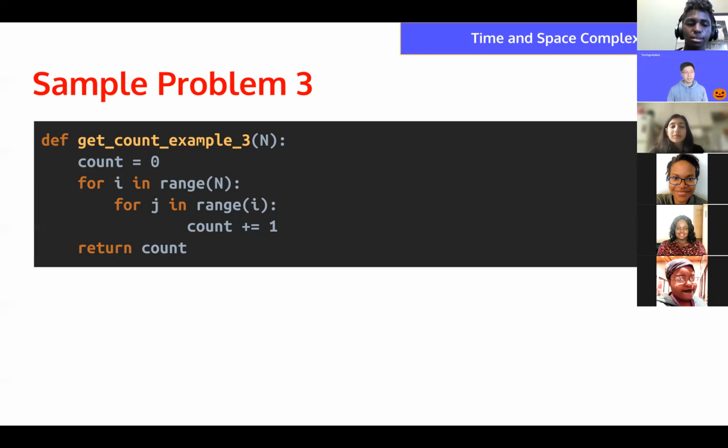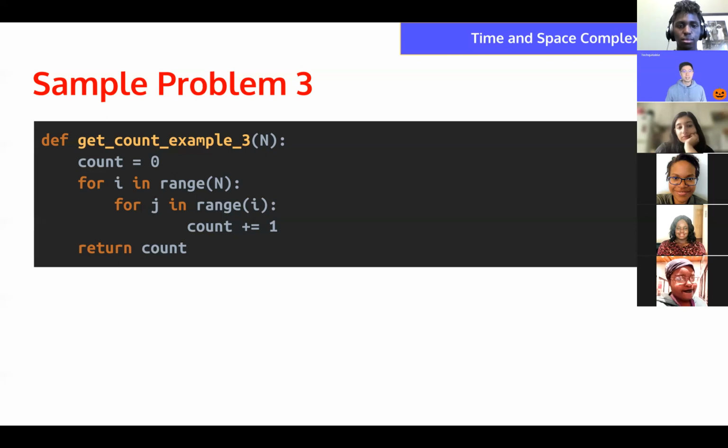The best thing to do here is to think through in your head what the first iteration is going to be, and we can do that exercise together. When you first run this, i is going to be 0, so the inner loop is going to be for j in range 0, which means it's not going to get run, because from 0 to 0 there are no elements in between.